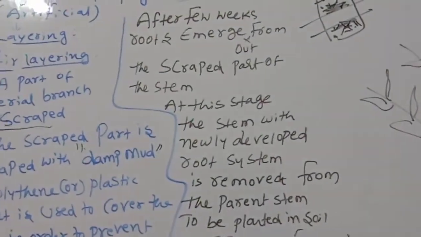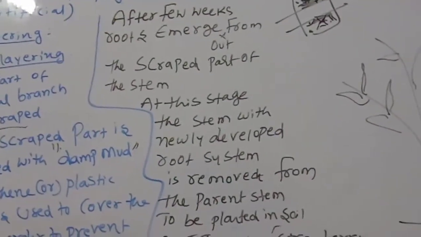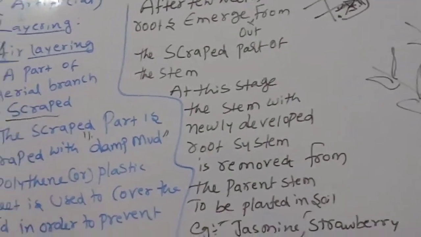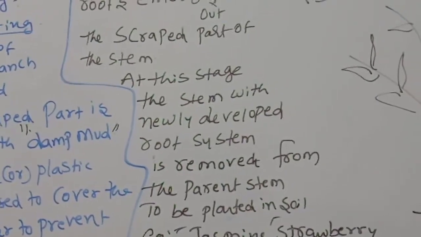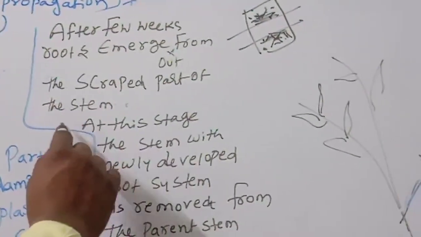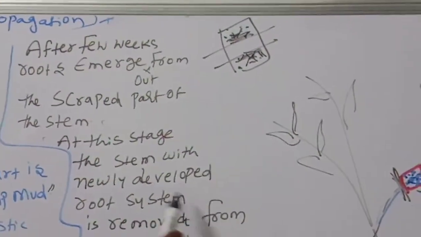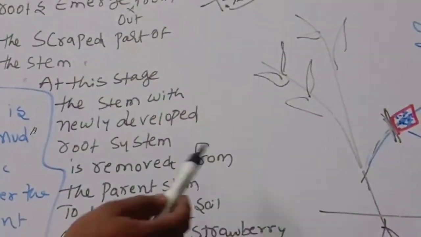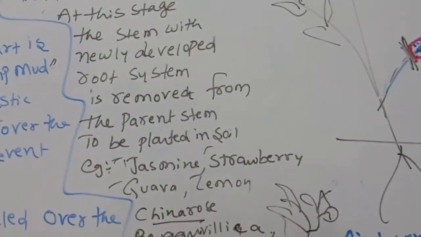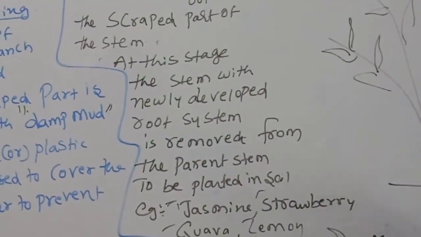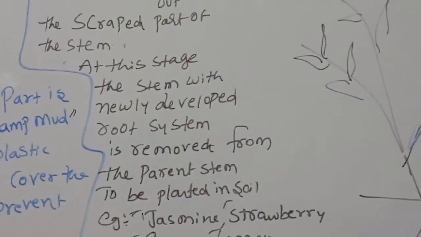Then, to prevent water loss, water may be sprinkled over the wrapped mud at intervals to keep it moist. After a few weeks, roots emerge out from the scrapped part of the stem. At this stage, the stem with the newly developed root system is removed from the parent stem to be planted in soil. Examples: jasmine, strawberry, guava, lemon, china rose, bougainvillea.